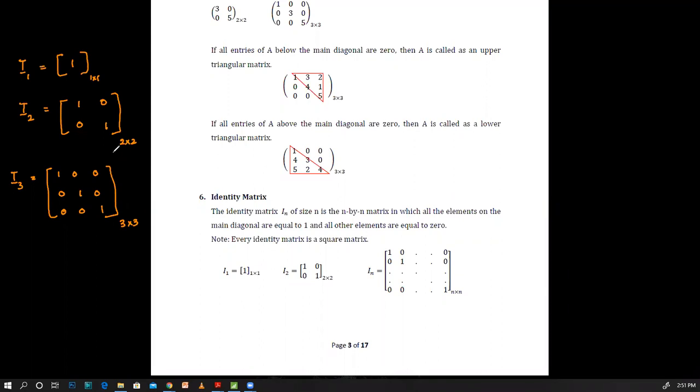But what you have to keep in your mind here is, in the identity matrix, the main diagonal elements are always equal to 1 and all the other elements are equal to zeros. This is again a special case of the diagonal matrix. Therefore, every identity matrix is always a square matrix. Therefore, we can identify that also.